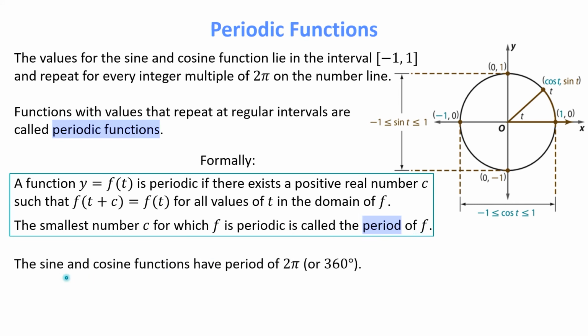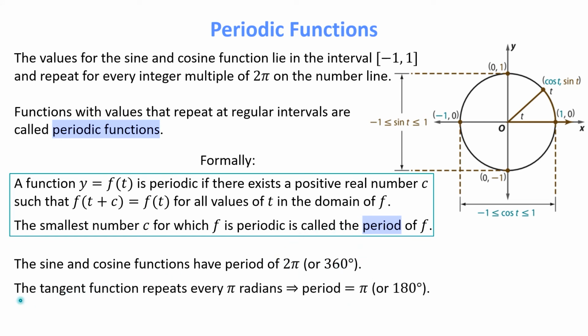Now, of course, the sine and cosine functions have period of 2 pi, or 360 degrees, because every 2 pi, which corresponds to one full wrapping, the function repeats itself. On the other hand, the tangent function repeats every pi radians. So the period equals pi, or 180 degrees. So much like previously, if I take the tan function, and I take this point t, and I add any integer multiple of pi, then it will equal tan t.